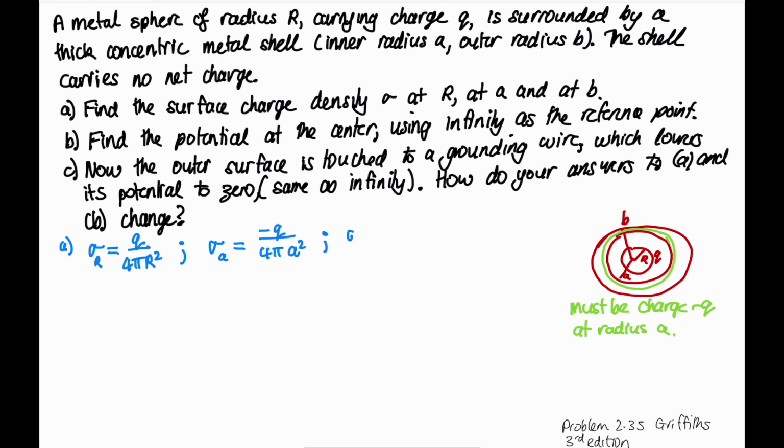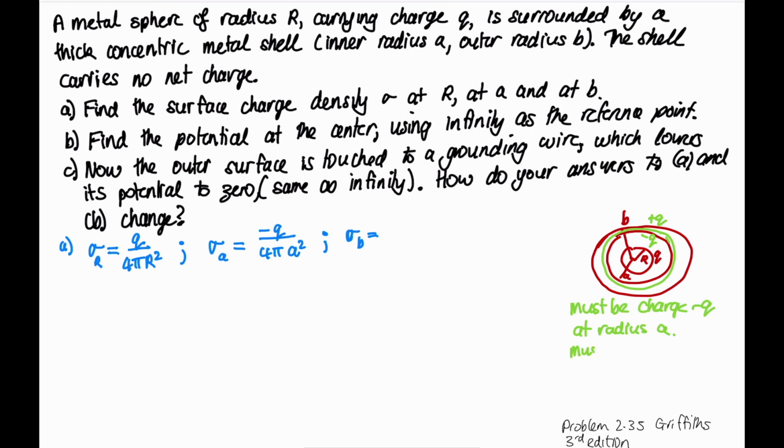And then we need to work out the charge density at B. And we know that the shell carries no net charge. So because it carries no net charge, if it's got a charge of minus Q on this surface, it must have a charge of plus Q on here.